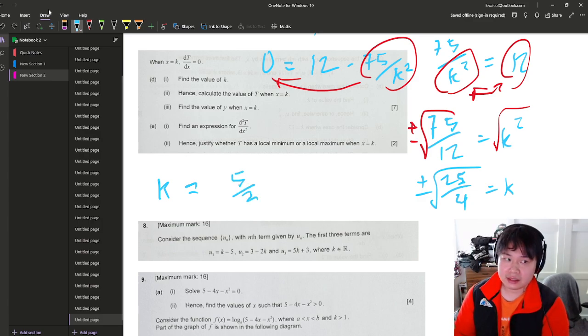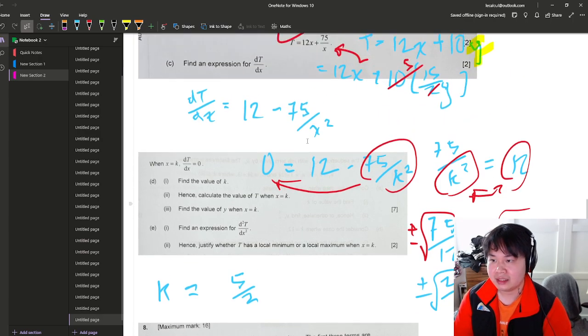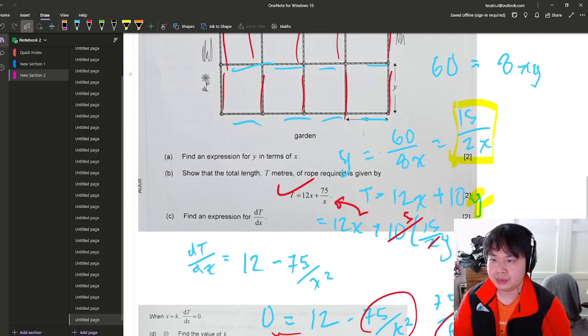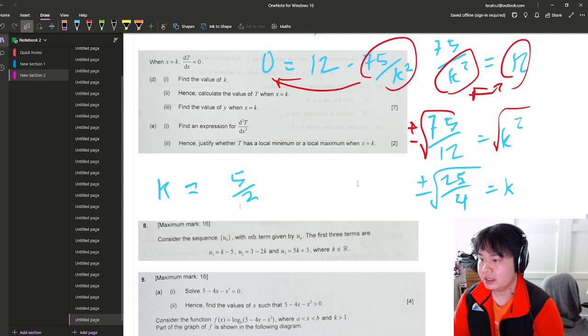Now, we do need to consider plus or minus for a brief second, and then you need to think about the context of the question. K is a value of x. X is a length of rope, so we don't need to consider the negative part anymore. So k is positive 5 over 2.